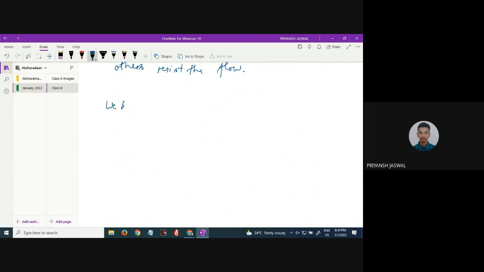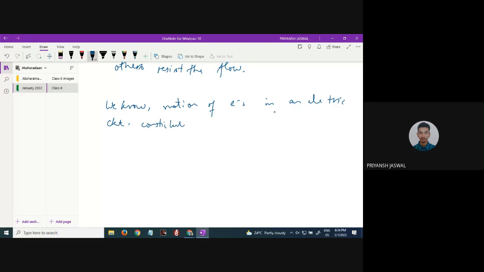We know that the motion of electrons in an electric circuit constitutes an electric current.